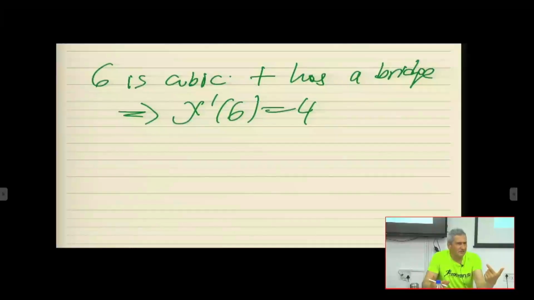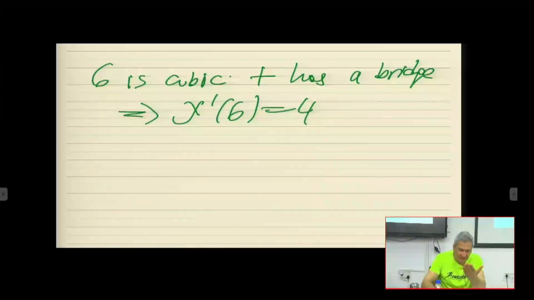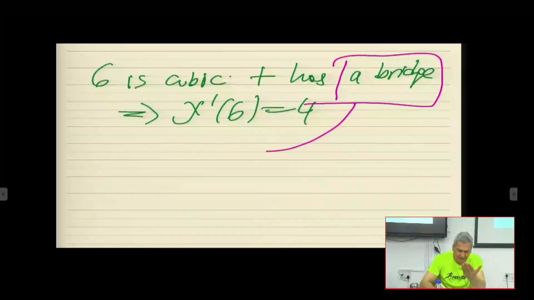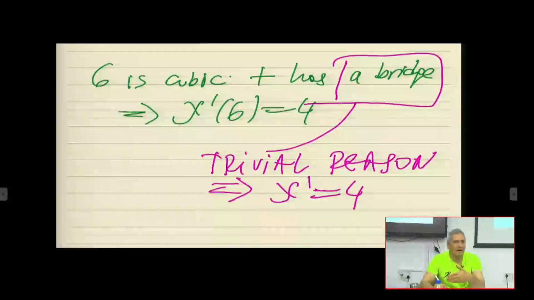Having a bridge forces the chromatic index to be 4. So this is what we consider a trivial reason, having a bridge, that implies the chromatic index to be equal to 4. And we don't like that.